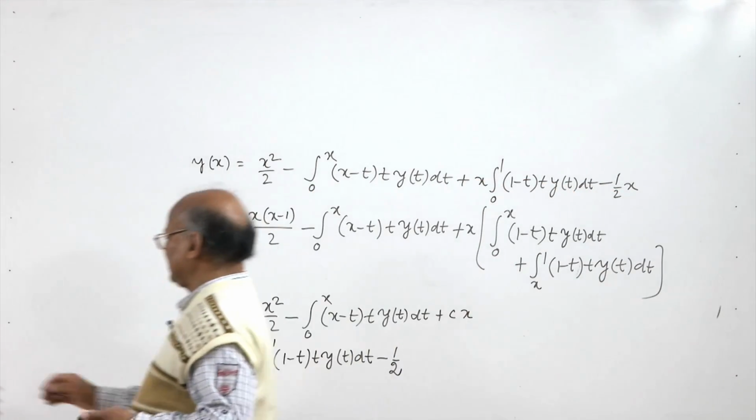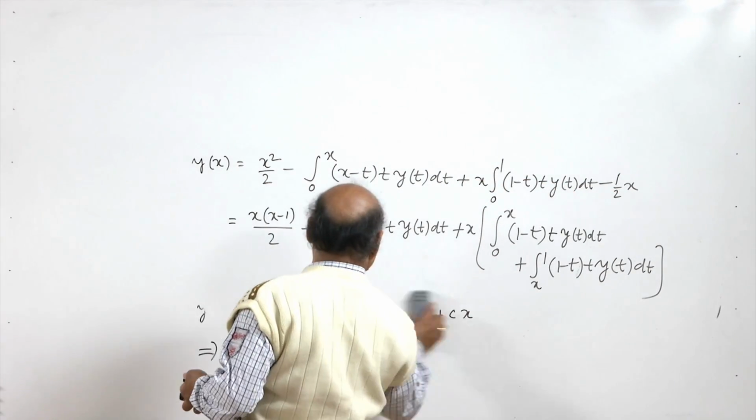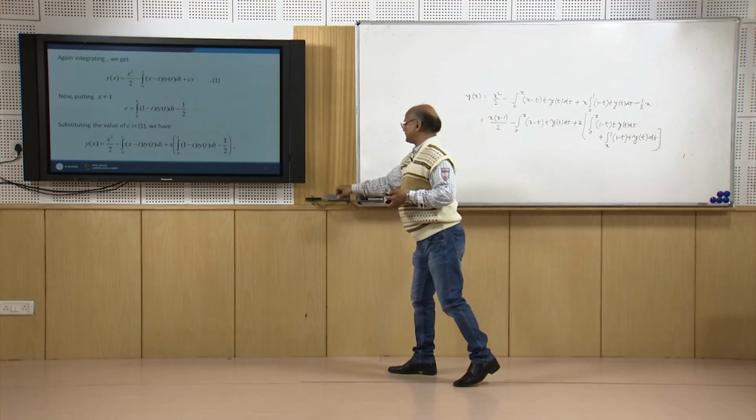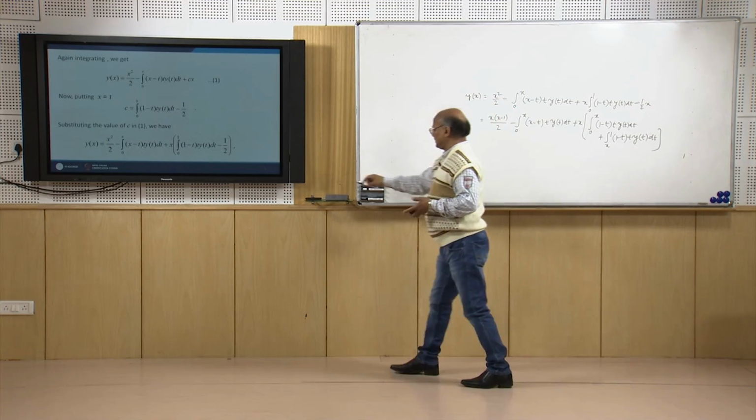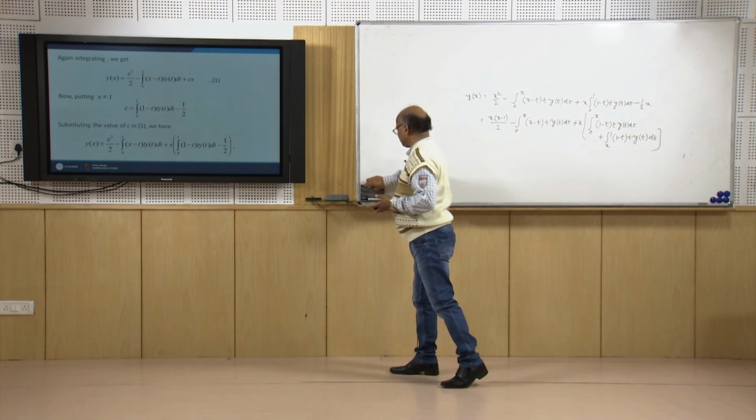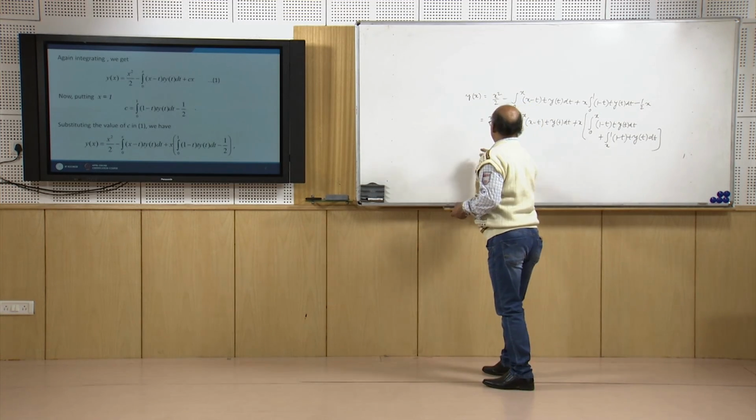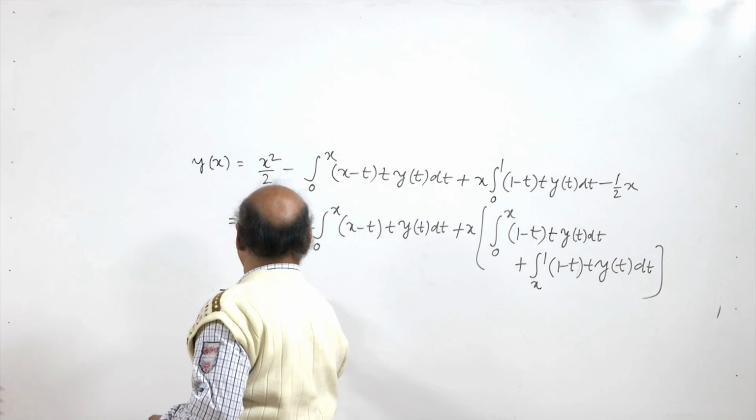and then we can combine the two integrals where the limits of integration are 0 to x and write it as x into x minus 1 by 2.